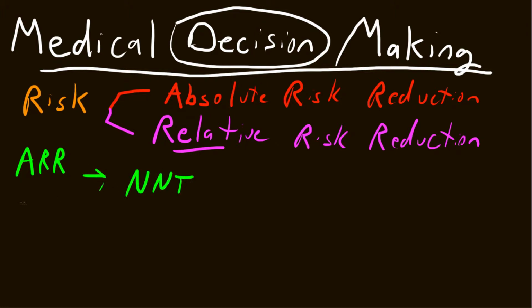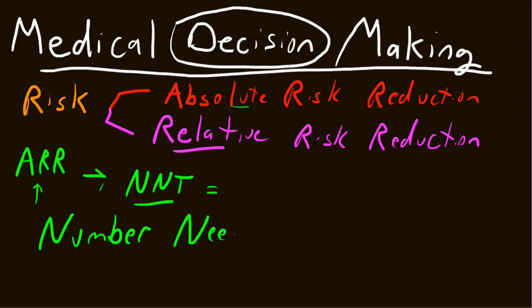So we got a lot of alphabet soup here. The ARR is the absolute risk reduction, and the NNT is the number needed to treat. And this is a very important number. It's easy to understand once you get it in your hand, and it can be calculated by simply taking the inverse of the absolute risk reduction, or 1 over the absolute risk reduction.